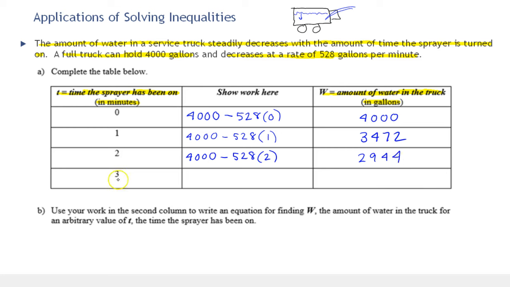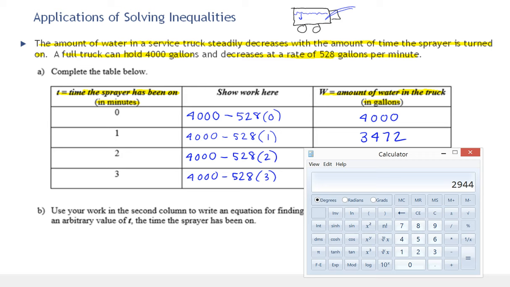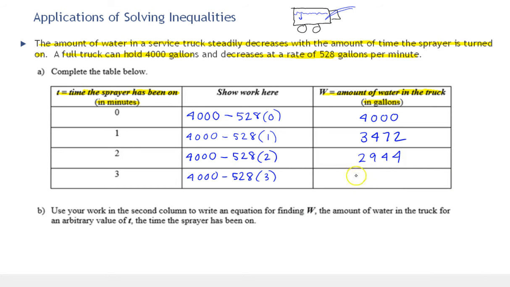And finally, after 3 minutes, we start with 4,000 gallons, subtract off 528 gallons a minute for 3 minutes, and that gives us 2,416 gallons of water after the sprayer has been on for 3 minutes.